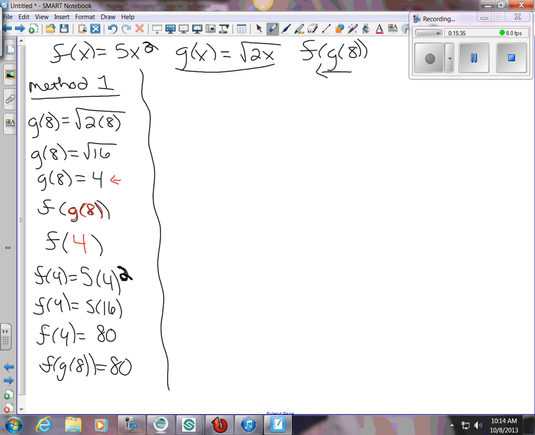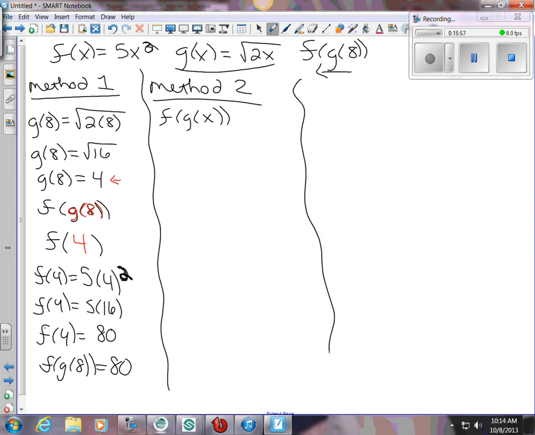Okay. Method 2. Method 2 is where we're actually going to do the composition. Okay. So we're going to find f of g of x. And then once we have that, we're going to plug in the 8. Okay, so this is kind of what we've just been doing, right?